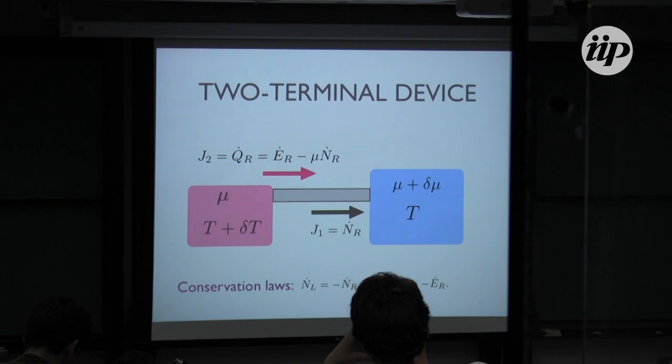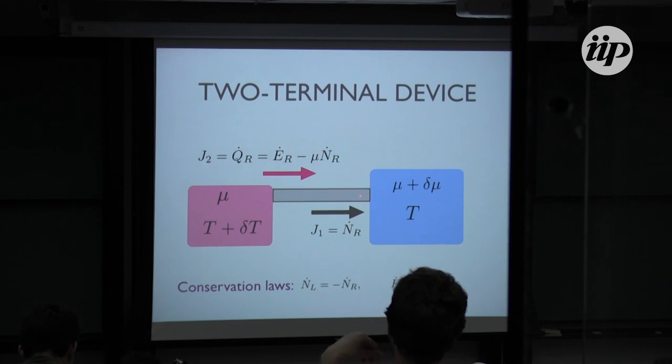From the theoretical point of view, the theory in linear response for thermoelectricity is very simple, and it can be formulated on the basis of these two-terminal setups, in which we have two reservoirs connected to a central conductor.